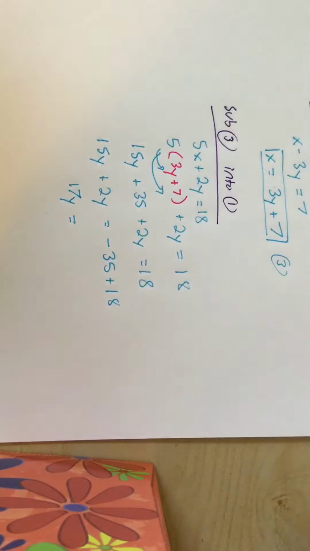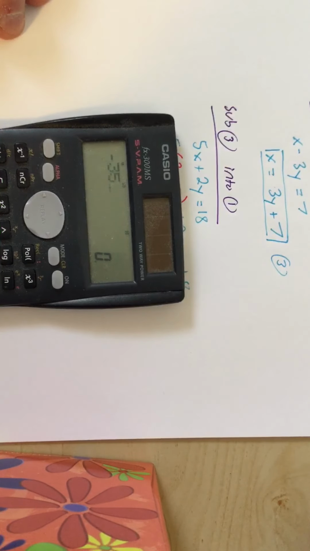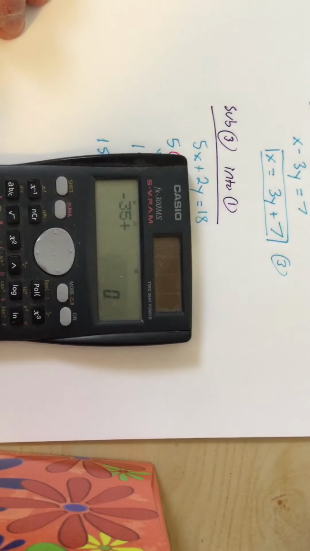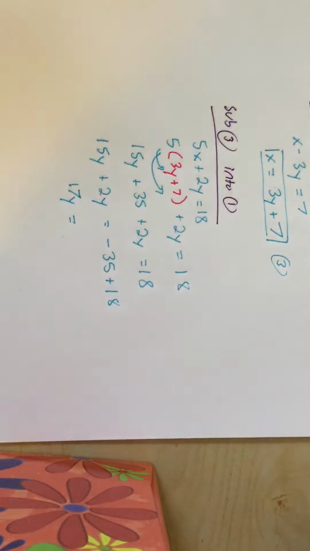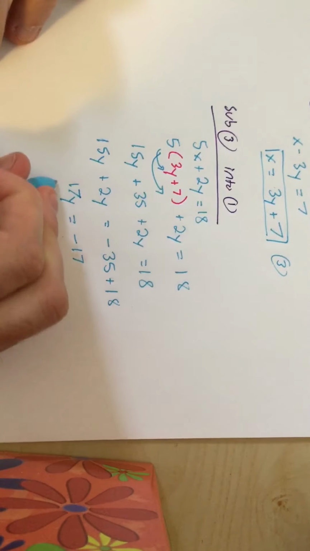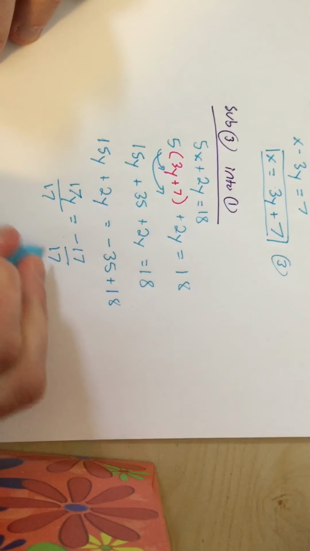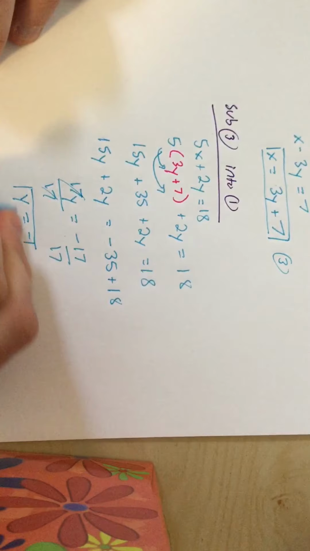Negative 35 plus 18 is negative 17. Now we divide both sides by 17, and we get y equals negative 1.